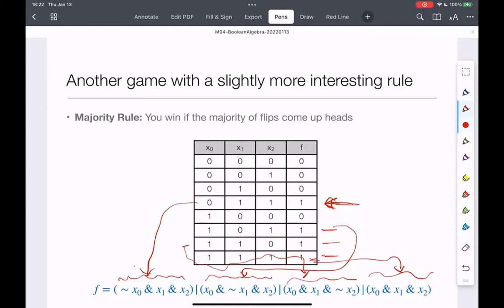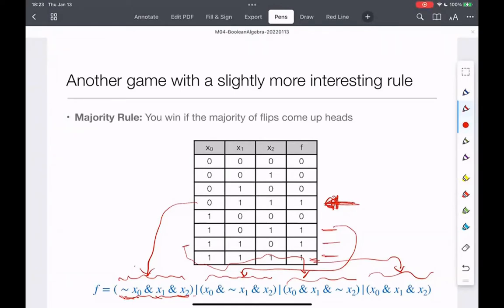So x0 is 0 means not of x0 is 1, so that's why it's negated, and then x1 and x2. It's literally this term, an AND of 3 literals, capturing the meaning of this particular row.